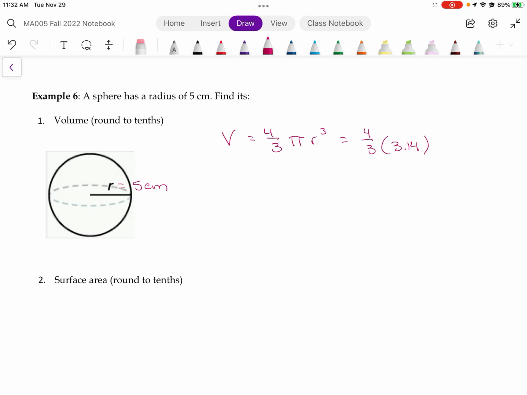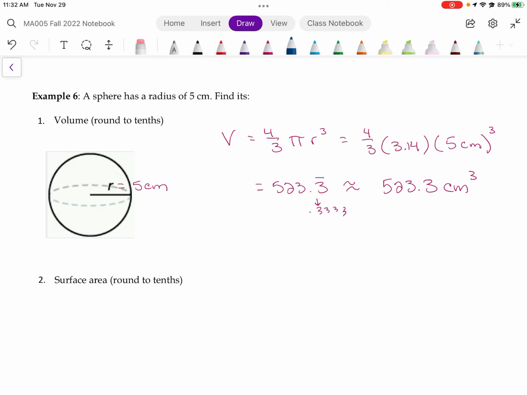And the radius is 5 centimeters, so 5 centimeters cubed. And this is going to give me 523.3 repeating. And so we're going to have to round to the tenths. So if it's 0.3333 like that, and we're rounding to the tenths right there, this is going to be 523.3. It's in centimeters, and it is cubed because it's volume.